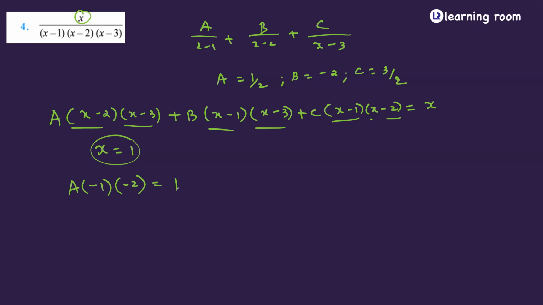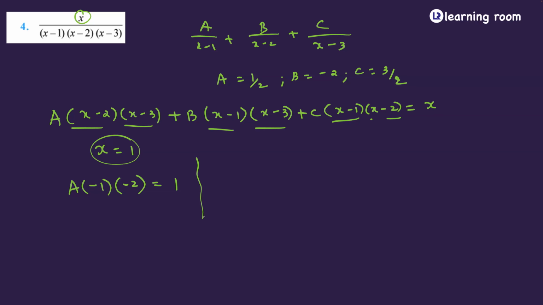To find B, what is missing? x minus 1, x minus 2, x minus 3. x minus 2 I equated to 0, so x is what? 2. So when I substitute 2 here, what will I get? This is 0, 2 minus 2. This is 0, 2 minus 2.